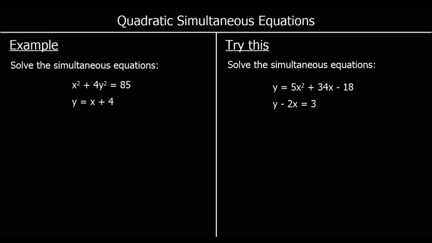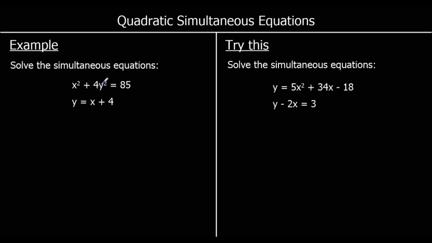And another one. So we have x squared plus 4y squared equals 85, and y equals x plus 4. So our second equation, our linear one, already has y as the subject, so we can substitute straight in.